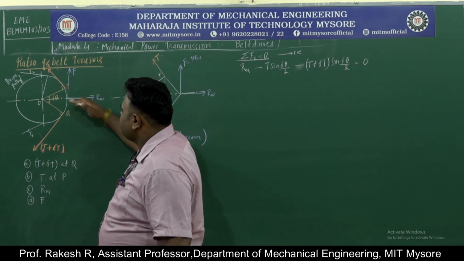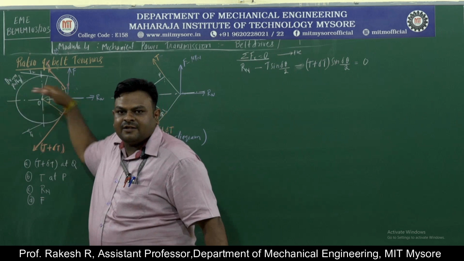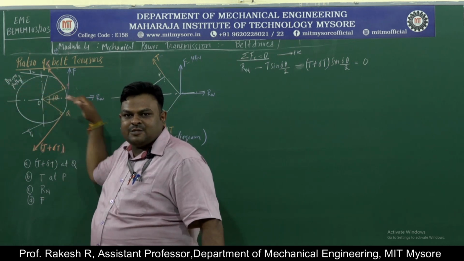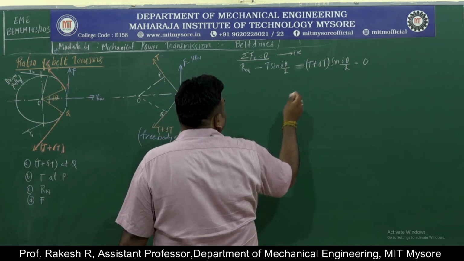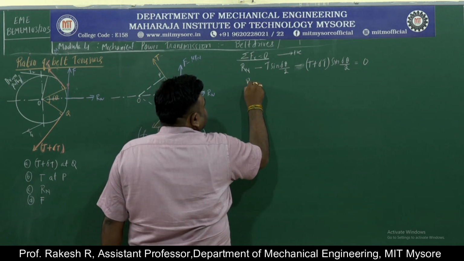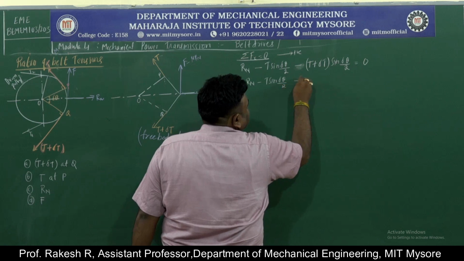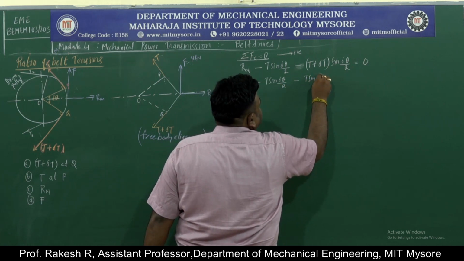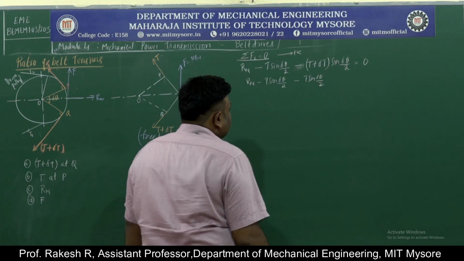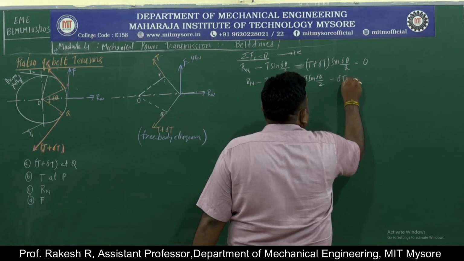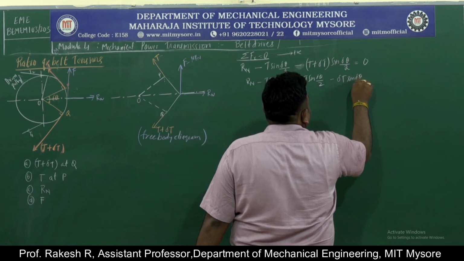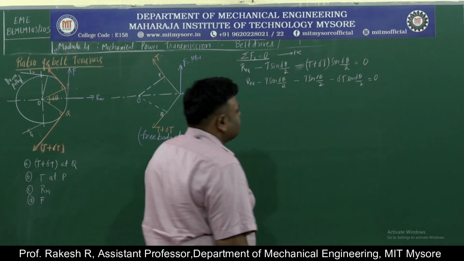One is Rn, another one is T acting that side, and T plus delta T is also acting that side. So I will be simplifying this. Rn minus T sine delta theta by 2 minus T sine delta theta by 2 minus delta T into sine delta theta by 2 equal to 0.